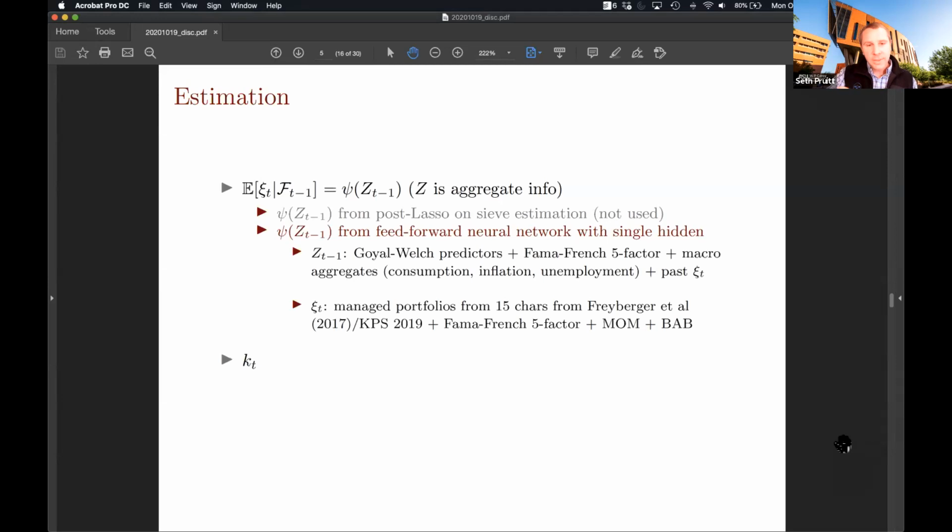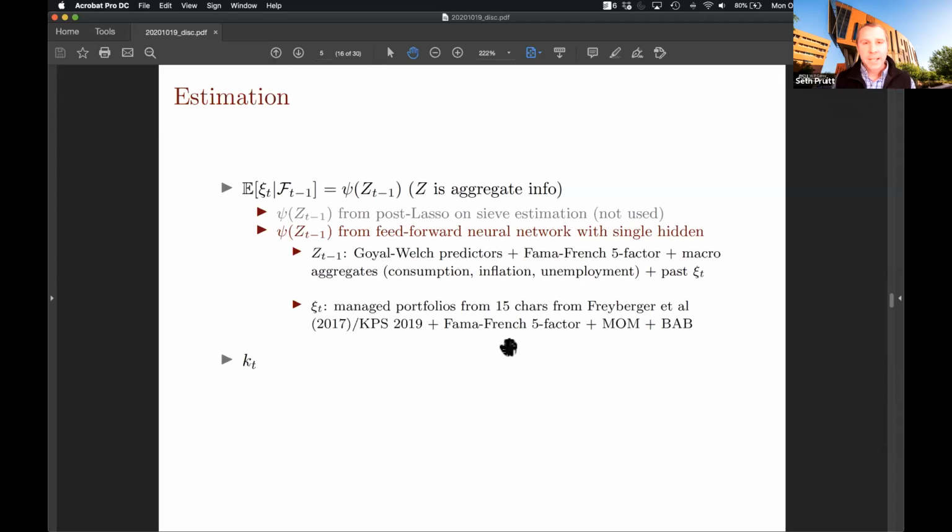They're going to include in the aggregate information Goyal-Welch predictors, Fama-French factors, macro aggregates, and past portfolio values. I presume these are lagged. And then the managed portfolios are ones that they can construct from the individual stocks themselves using the characteristics that Freyberger et al. had and that we used.